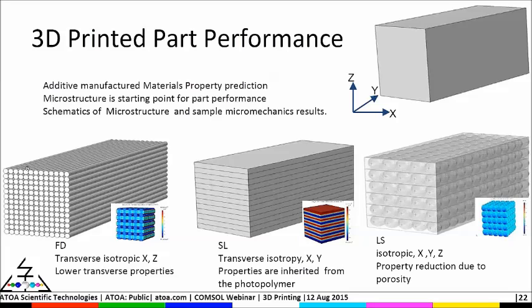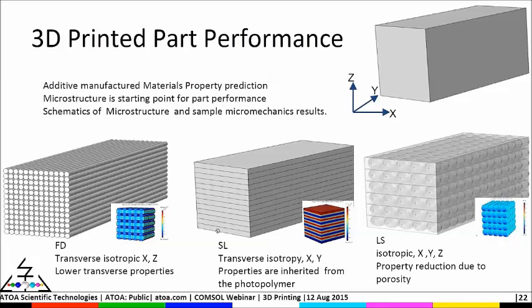The properties are expected to be transversely isotropic: X and Z properties will be transversely isotropic, and Y will be different. In the Y, long-term direction, as the polymer fibers are getting stretched, you will get better properties. But the transverse properties in X and Z on these materials will be lower.